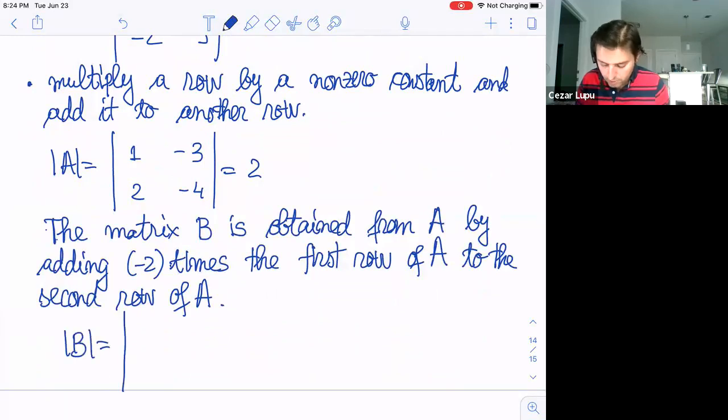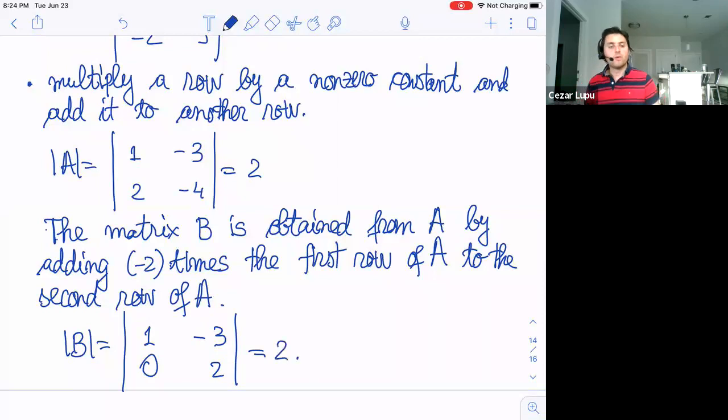It will be the determinant of, I said that is -2 times row 1 plus row 2. So it will be what? 1, -3. And now the second row will become what? 0 and 2. What is the determinant of this? 2. Ooh, it is the same.